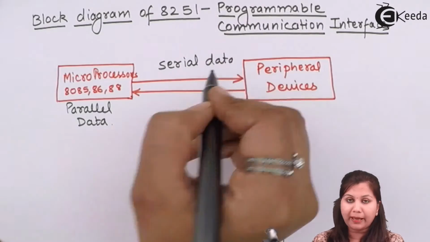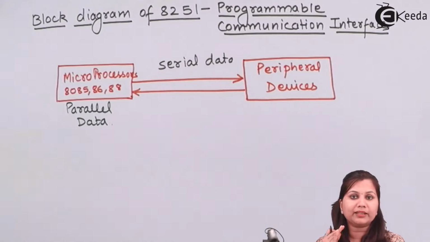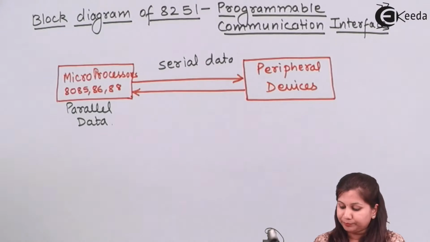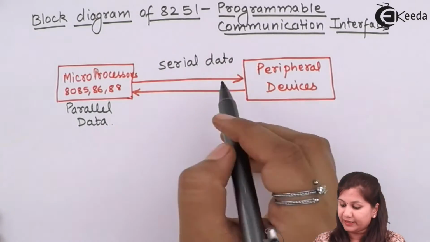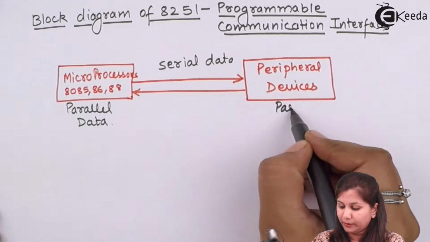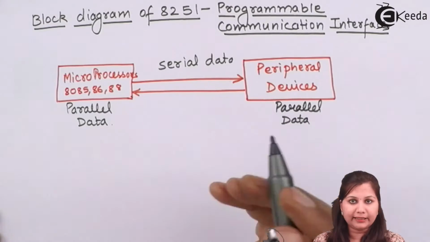It means the data will be transmitted bit by bit, 8 bits will be transmitted 1 bit at a time. Now this serial data, when it is received by peripheral devices, is again converted into the parallel form so that they can process that data.